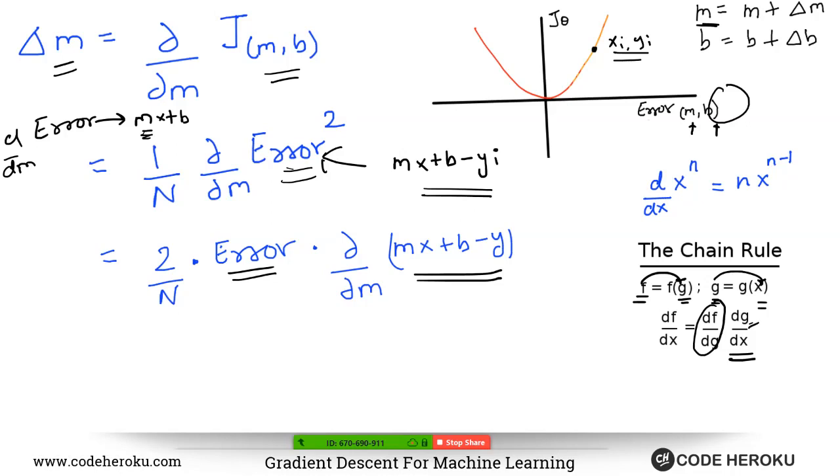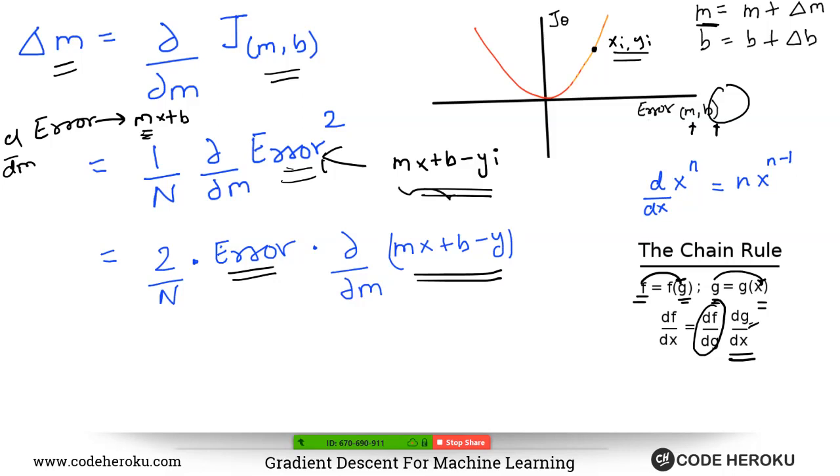So again, the chain rule says that if f is dependent on g, in our case, the error is dependent on the mx plus b minus yi. So our g is the mx plus b minus yi, right? And we know that this g over here is dependent on the m and the b. So if you want to take d by dx of f, or d by dx of the j theta, then you should first take that derivative, that is fine, but also multiply it with d by dx of this intermediate term that you were dependent on.